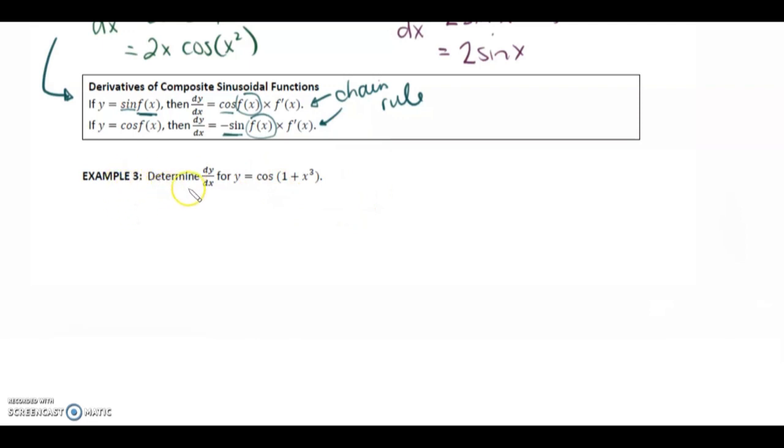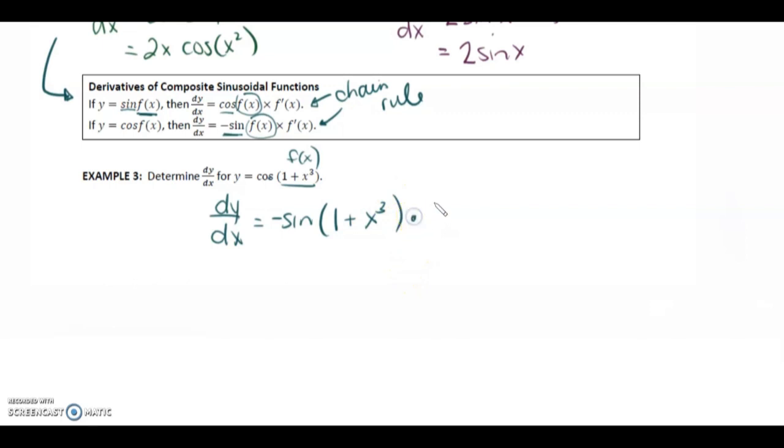So example 3, determine dy/dx for this function here. y equals cos(1 plus x cubed). So dy/dx equals, the derivative of cos is negative sine. This is our function, so we're going to leave our function as it is, 1 plus x to the 3.